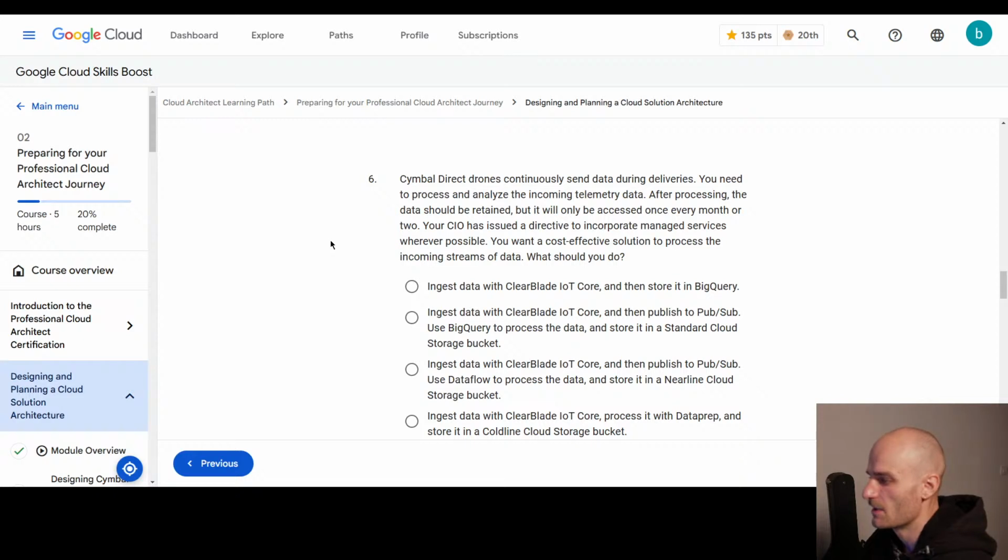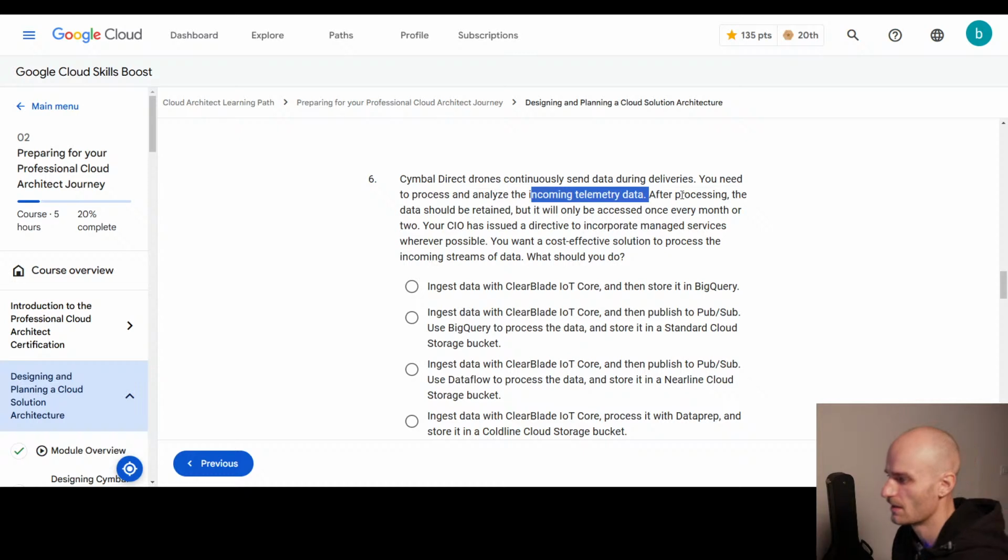And let's see, Simple Direct drones continuously send data during deliveries. You need to process and analyze the incoming telemetry data. After processing, the data should be retained, but it will only be accessed once every month or two.